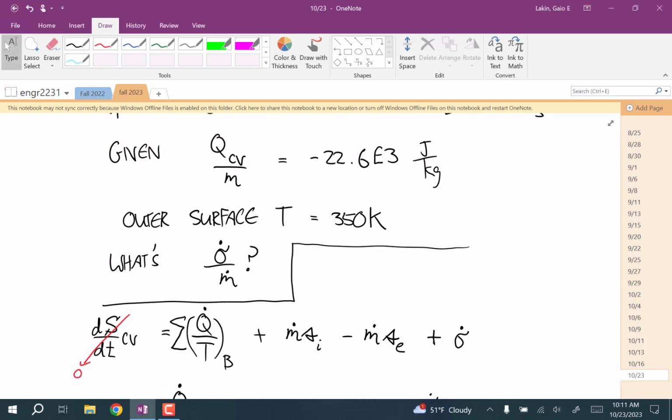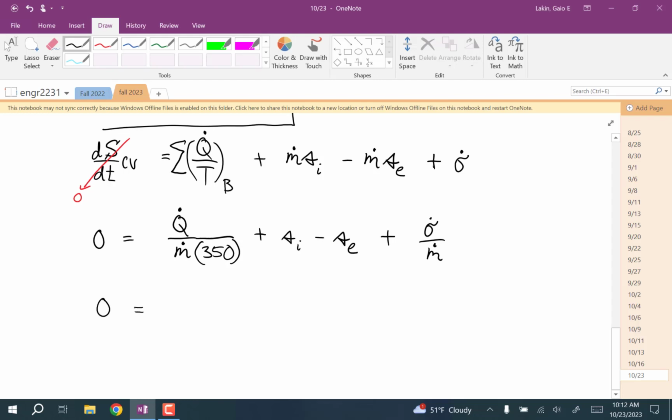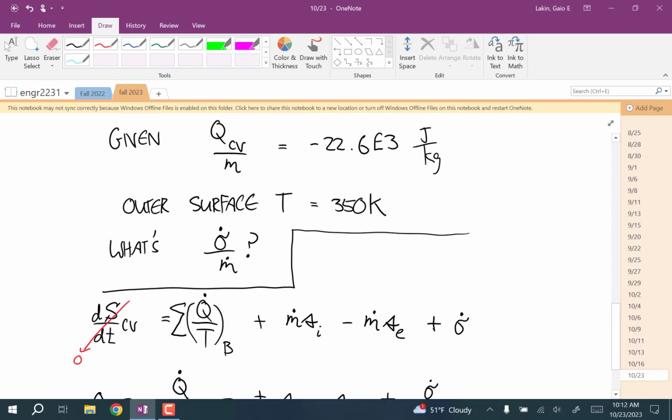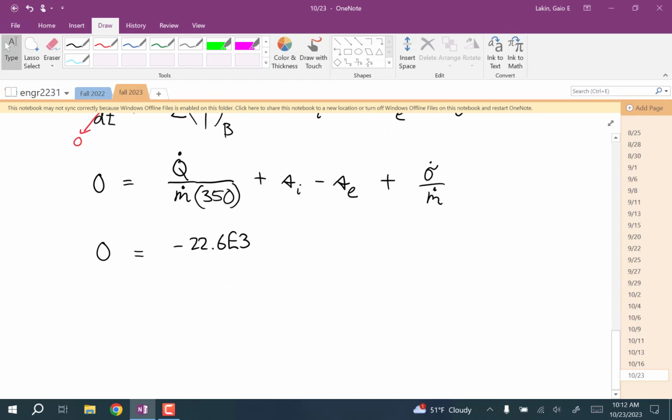We are given that q over m is this thing, and so that's also equal to q dot over m dot. So 0 is equal to negative 22.6 times 10 to the third divided by 350, plus SI minus SE, plus sigma dot over m dot.